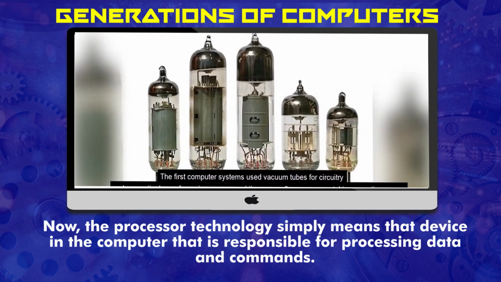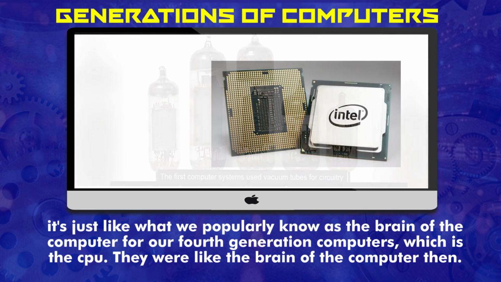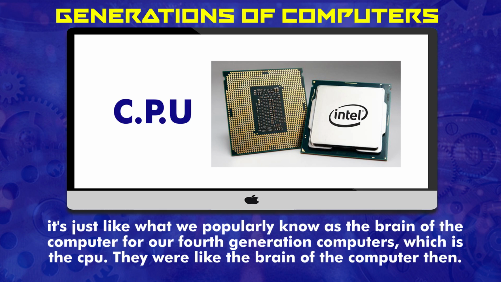Now, the processor technology simply means the device in the computer that is responsible for processing data and commands, just like what we popularly know as the brain of the computer for our 4th generation computers, which is the CPU, all right? They were more or less like the brain of the computer as at that generation.